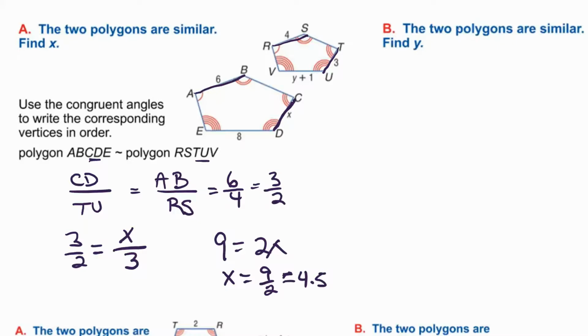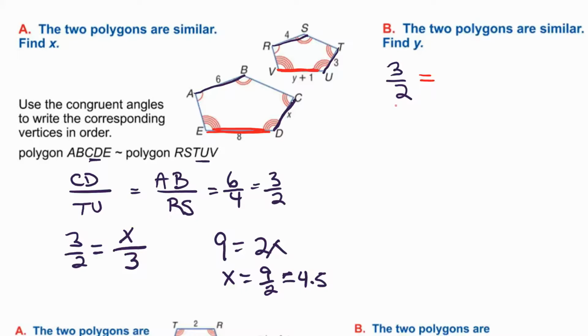We're asked to find Y. We know that the scale factor is 3 over 2. Y is involved in the side VU, which is similar to the side DE, which is corresponding to the side DE.